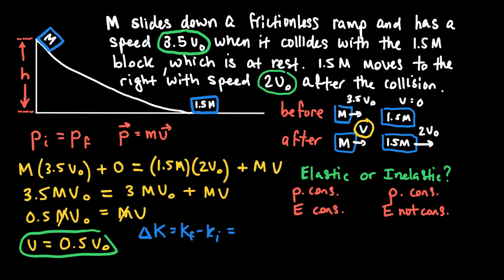So first I need to find the final kinetic energy of the system. The final kinetic energy is due to both blocks, because both blocks have some kinetic energy. So I have to add up the kinetic energies of both.